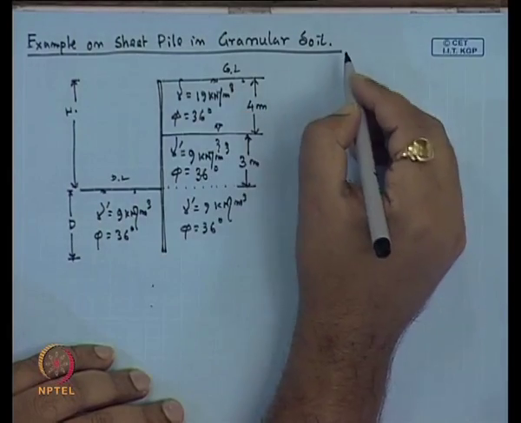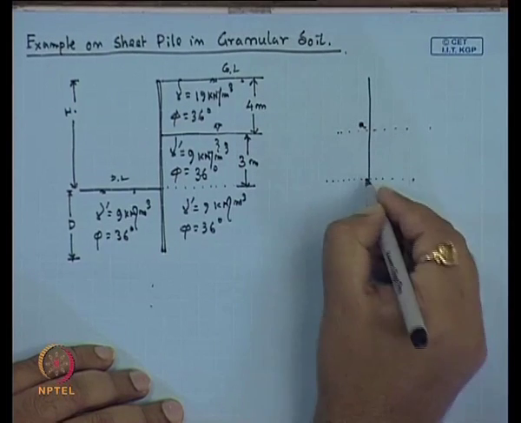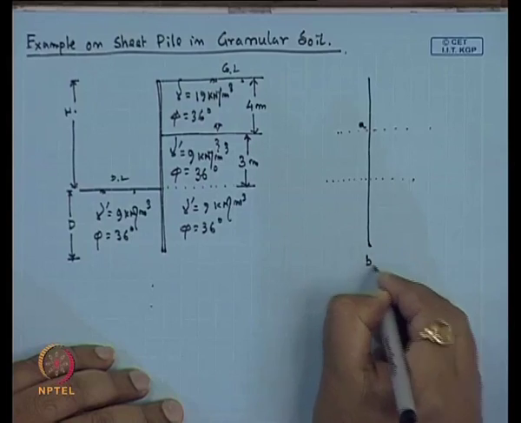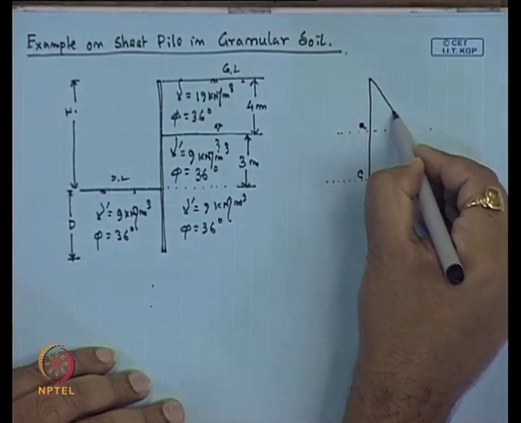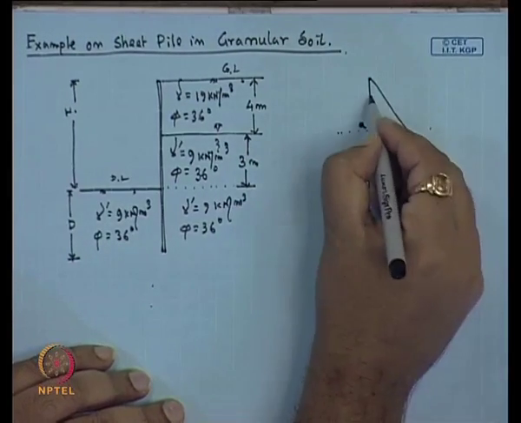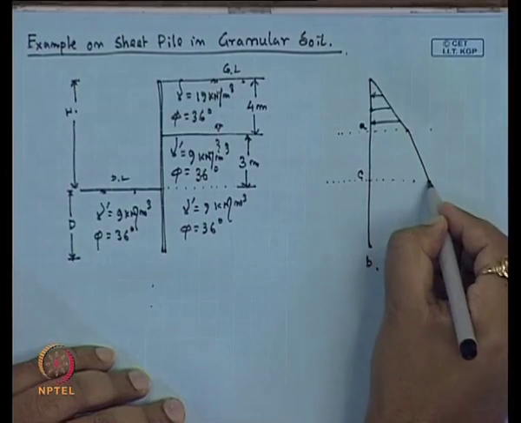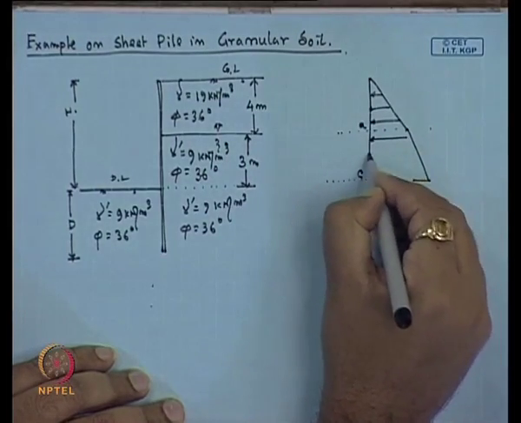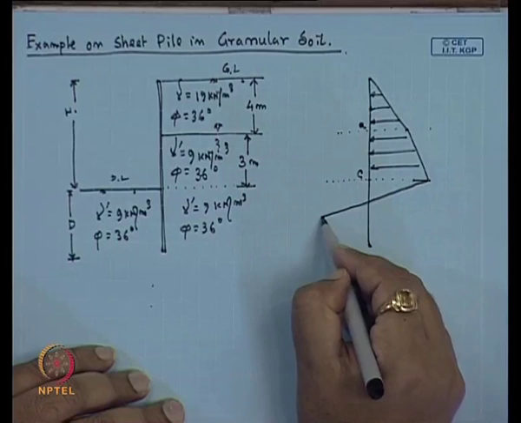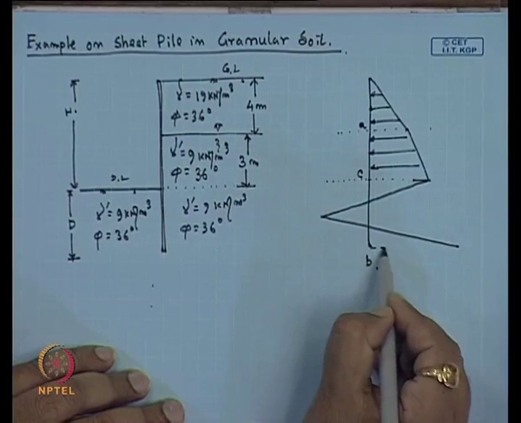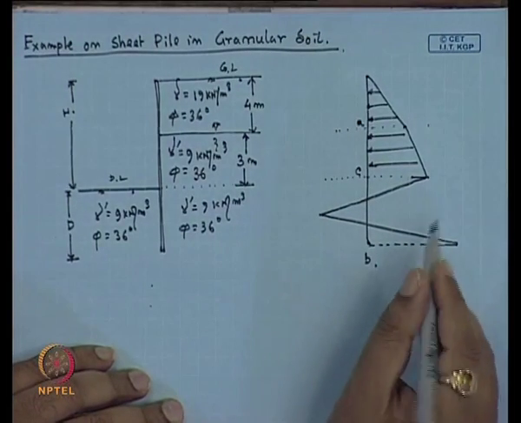Suppose this is the top point, the groundwater table is point A, the base is point B, and the dredge level is point C. First you will consider the earth pressure diagram up to the water table level, then it will further increase, then it will go this side, and from here it will go this side, because that pressure distribution diagram I have already explained in the previous class.